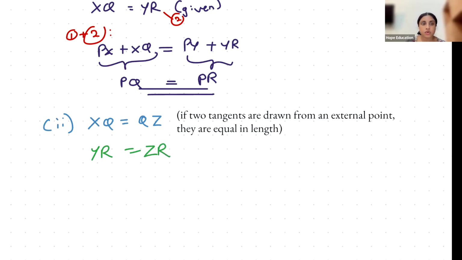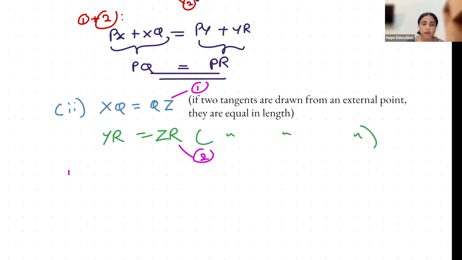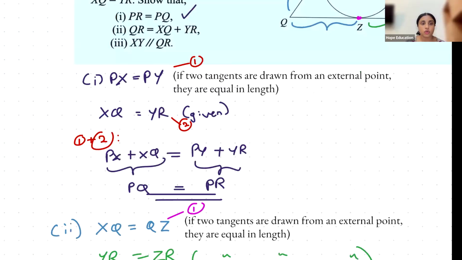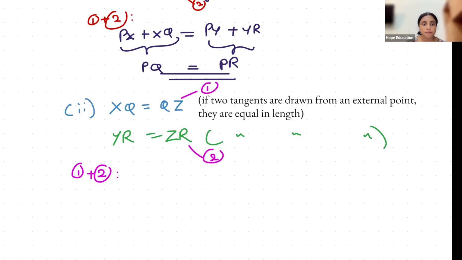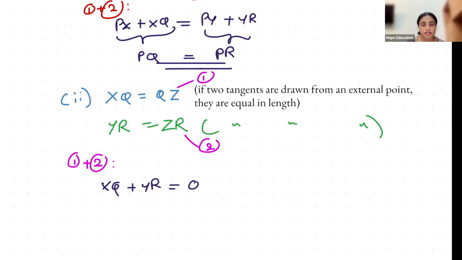Same reason. So I will just use inverted commas like this. If I label this as my equation number 1 and this my equation number 2, I'm going to add 1 plus 2. So on this side, XQ plus YR is equal to on this side QZ plus ZR.